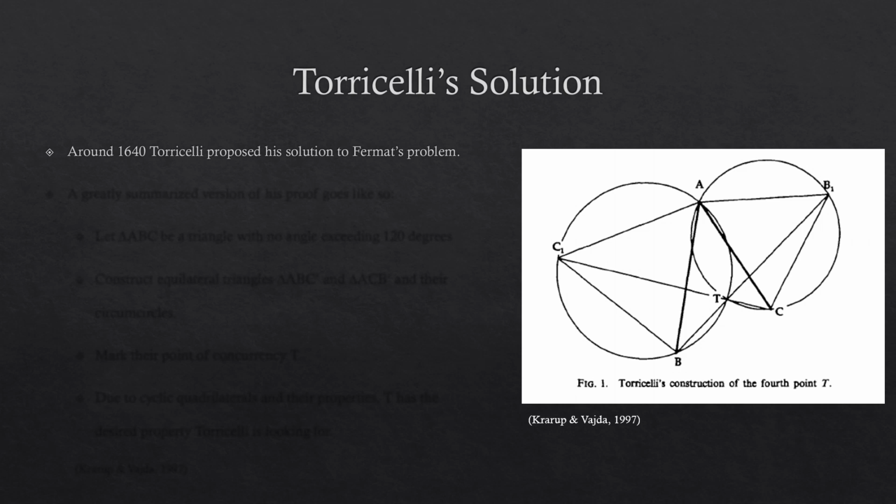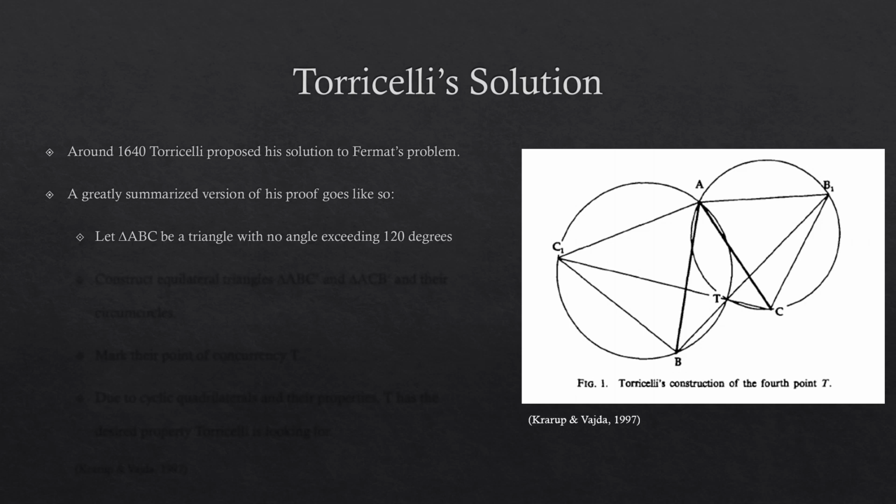Around 1640, Torricelli proposed his solution to Fermat's problem. A greatly summarized version of his proof goes like so. Let ABC be a triangle with no angle exceeding 120 degrees. So we can see that this creates the triangle ABC.